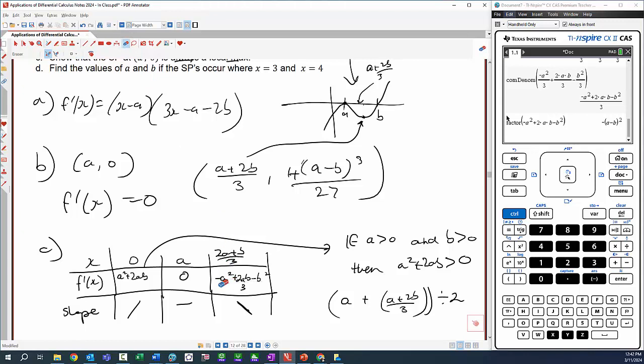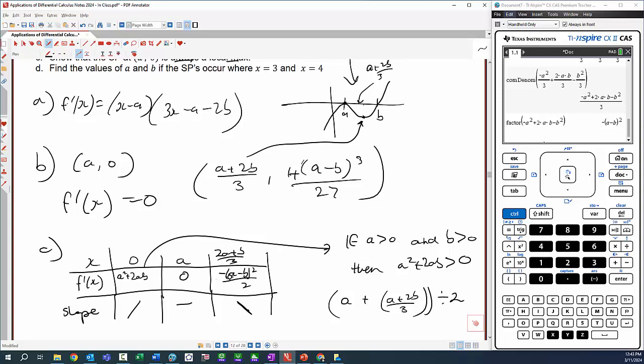So you can see the calculator won't automatically simplify it, which is a bit of a pain. Sometimes you end up writing something down that can be written much more easily. So this is negative a take away b squared over 2.